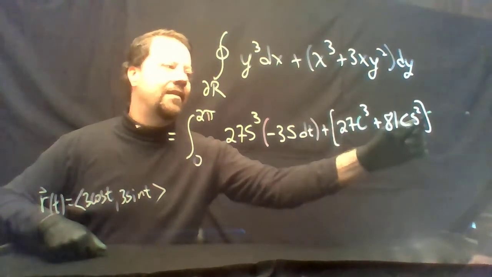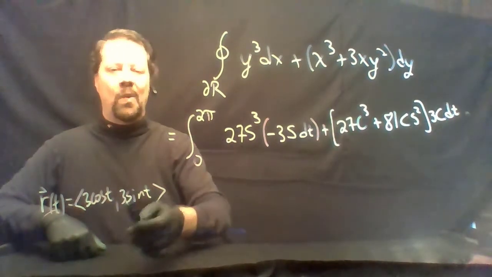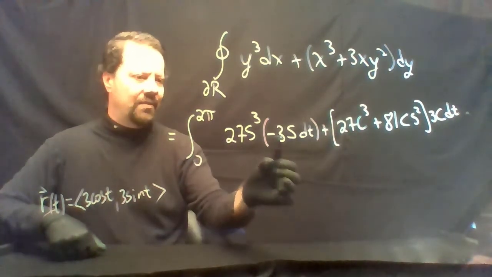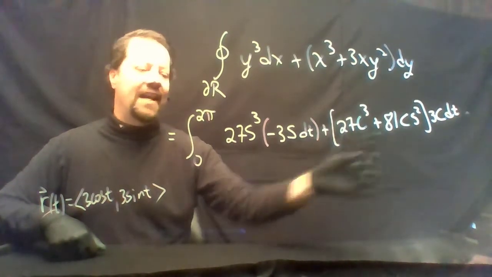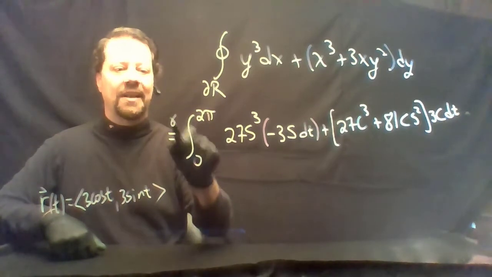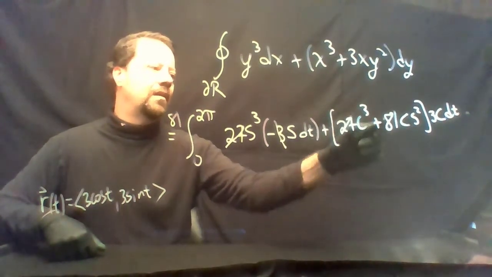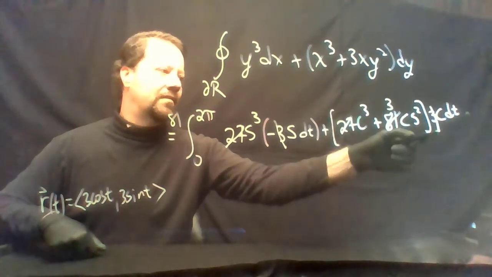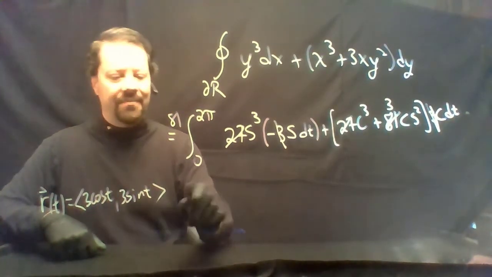And then we get 3 cosine dt for the dy. We have an 81 here. And when we distribute the 3, we'll have an 81 everywhere else. We can bring an 81 out of the entire integral.